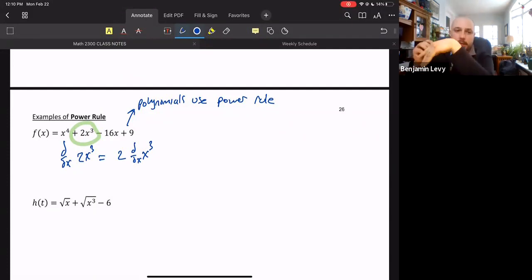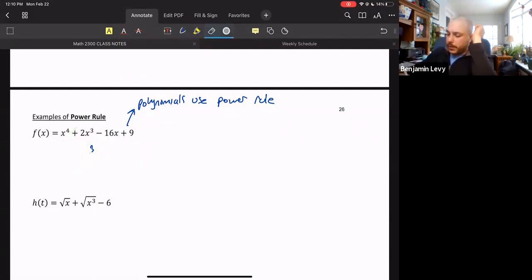I'm going to erase this in a second because I don't know if I have enough room for that, but I'll show some of the details here. Something as simple as a polynomial like this one actually involves a bunch of the rules up there. We're going to use the power rule because they're all raised to powers. We're going to use the constant rule because they have some constants in front of them.